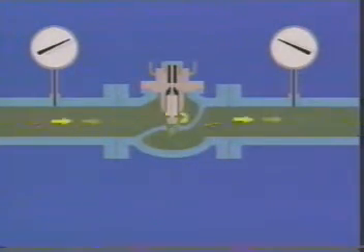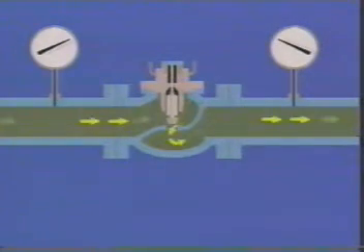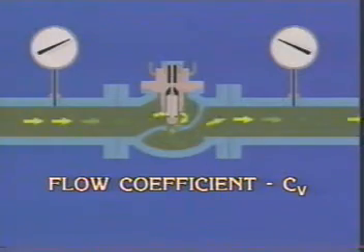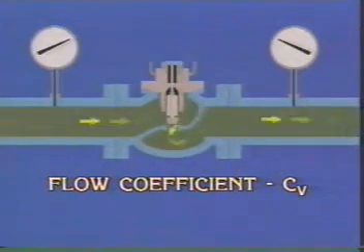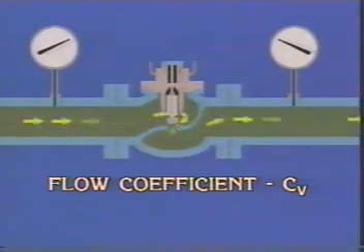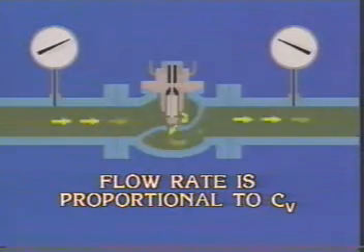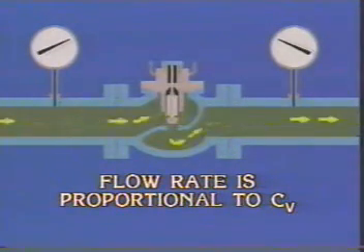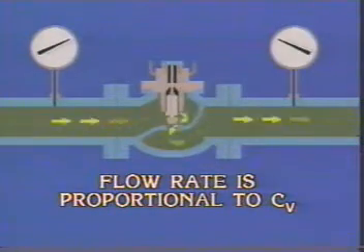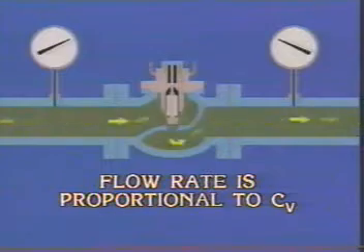To allow the liquid flow capacity of different valves and valve trim combinations to be compared, a flow coefficient, C sub V, for each design is experimentally determined. For a given pressure differential and a given liquid, flow rate is proportional to C sub V. A valve with a greater flow coefficient will pass more liquid than one with a lower flow coefficient, assuming all other conditions are the same.